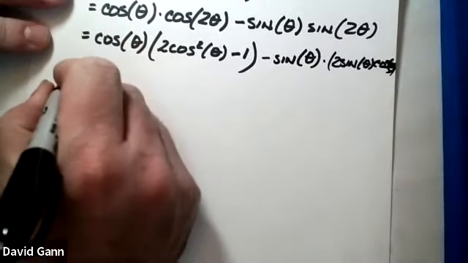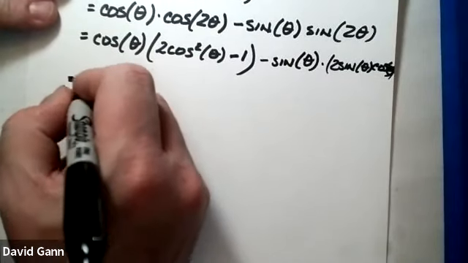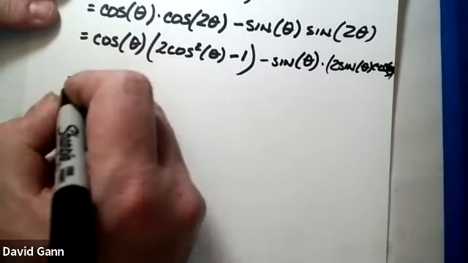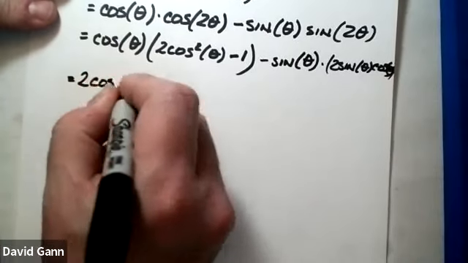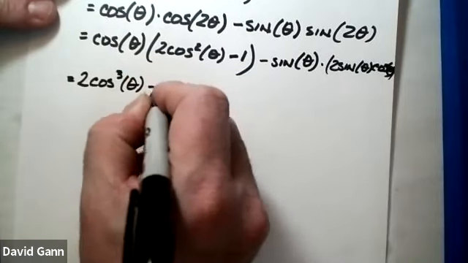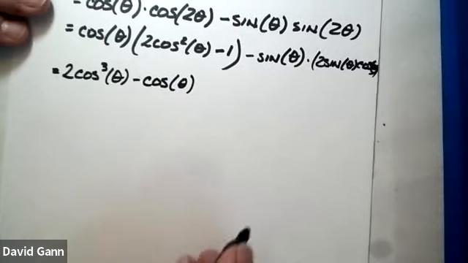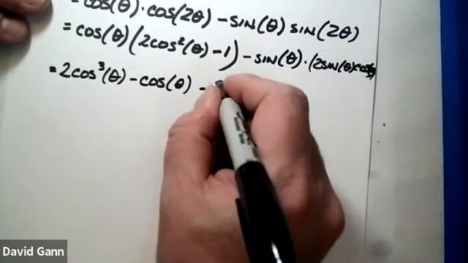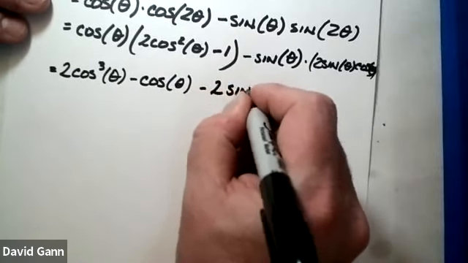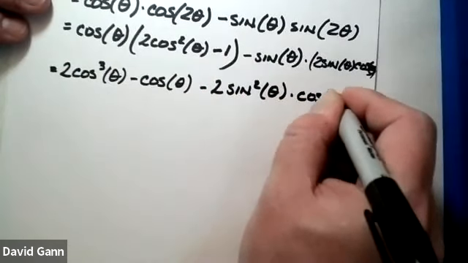I'm going to distribute this. So I end up with 2 cosine cubed of theta minus cosine of theta minus 2 sine squared of theta times cosine of theta.